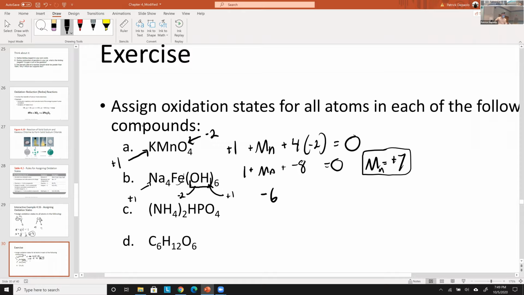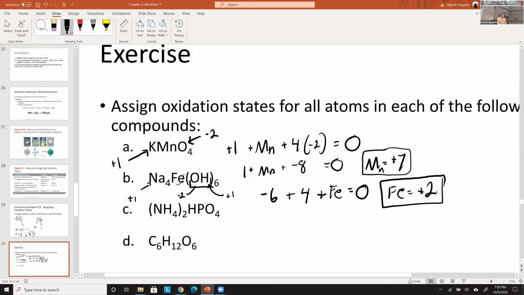So -6 plus the sodium, which is +4. And then that remainder is -2. So to cancel that out, you need a +2. This would be whatever these charges are, plus the oxidation state of iron equals 0. So if you do this math, Fe equals +2.